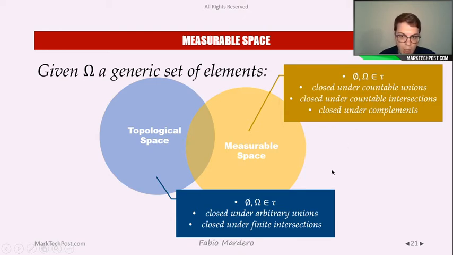So there should be some intersection here between the topological space and the measurable space, given of course a set of elements.